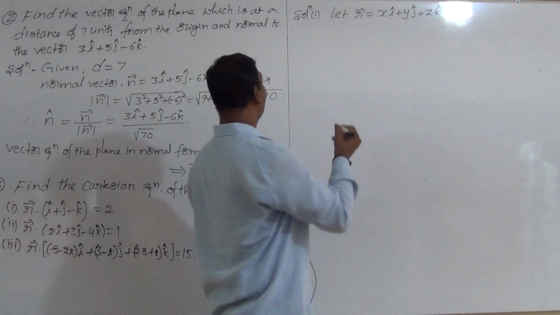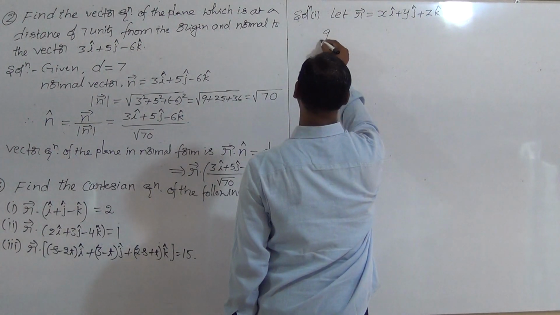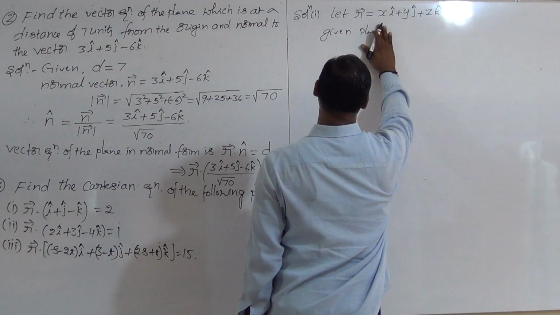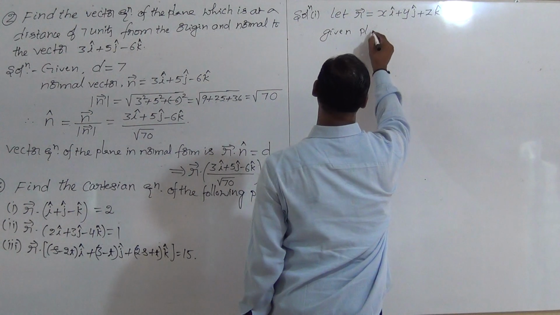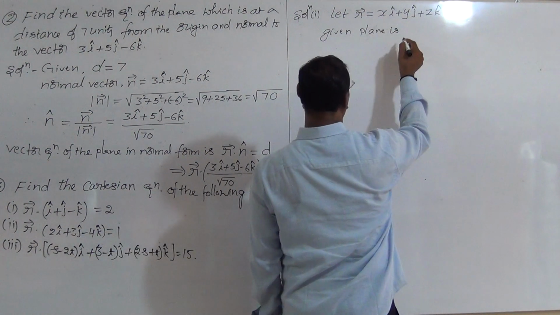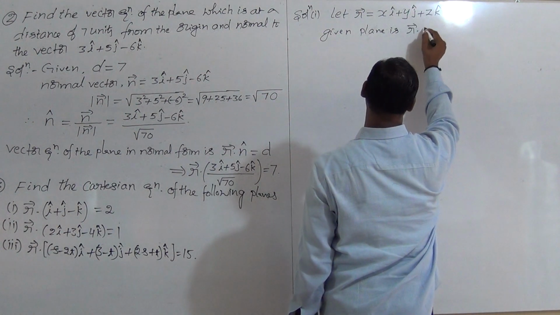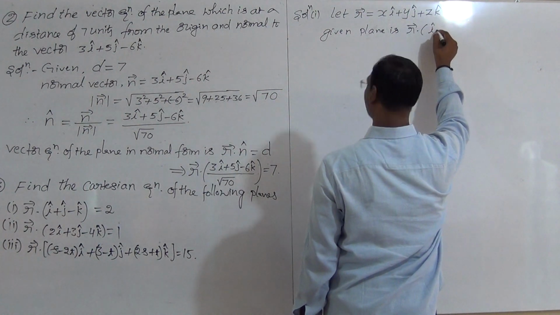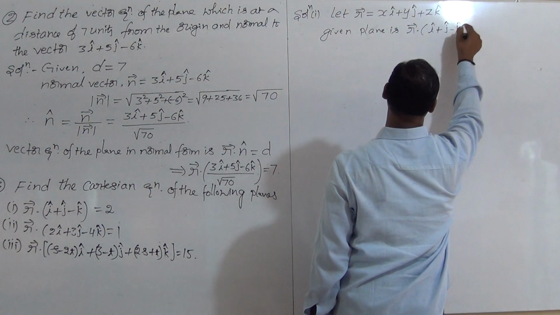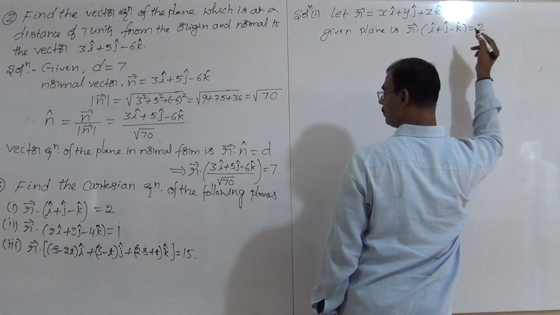Now take the given plane. What is the given plane? R bar dot i cap plus j cap minus k cap is equal to 2.